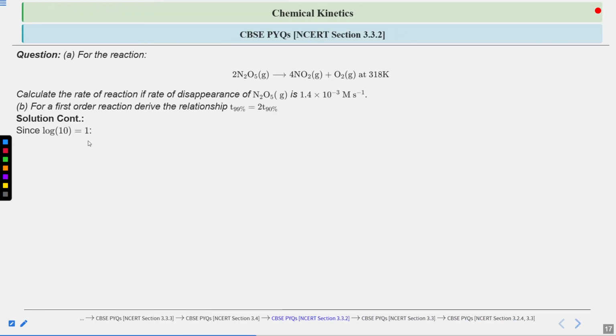So since log 10 is equal to 1, T at 90% becomes 2.303 by K multiplied by 1. So T 90% is 2.303 by K. This is the value of T 90% we have derived. Let's suppose this is the fourth equation.